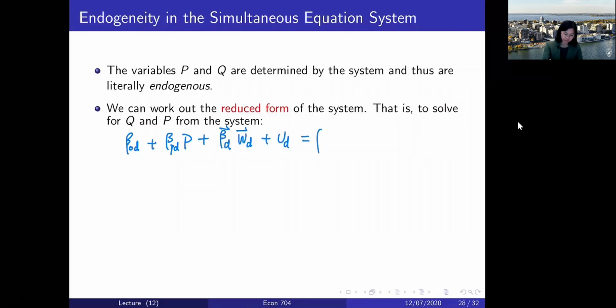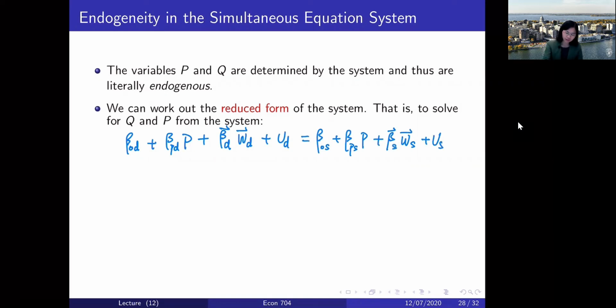We set that equal to beta 0S, the supply side equation, plus beta PS P plus beta S WS plus US.